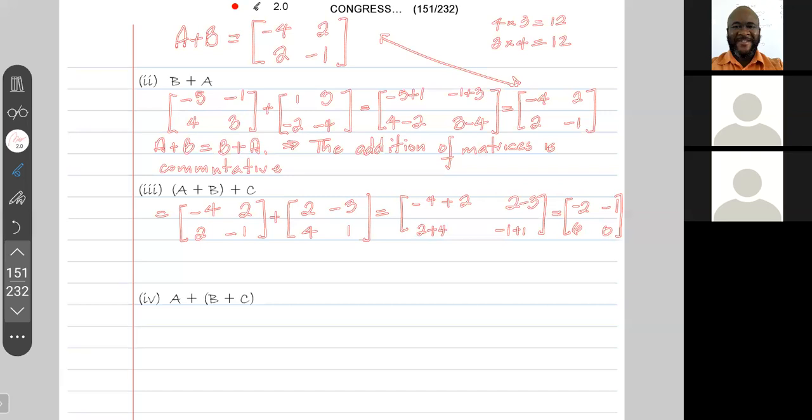Ladies, Jadon, please do A plus B plus C. Guys, in order for you to do A plus B plus C, you must first add B and C together. And whatever you get, you're going to add it to A. So you have to do B plus C first, and then add the result to A. All right, so it's A plus B plus C. And as usual, type your answers in the chat.